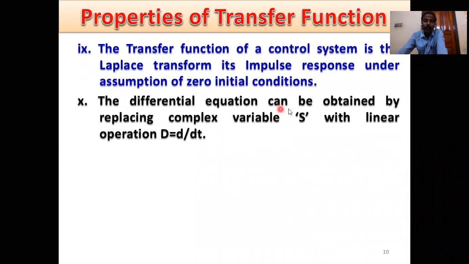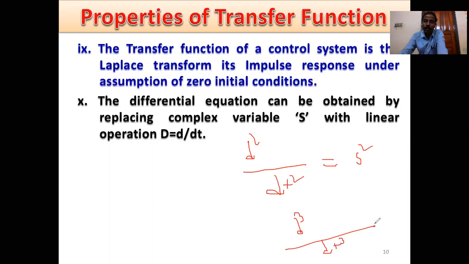The differential equation can be obtained by replacing the complex variable s with the linear operator D equals d/dt. Suppose for a second order system, d²/dt² is equivalent to s squared. Similarly, d³/dt³ is equivalent to s cubed.